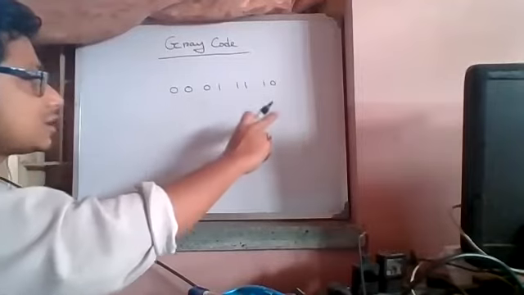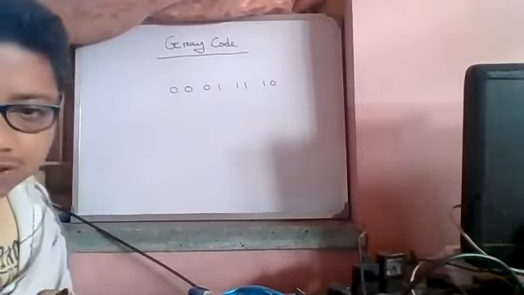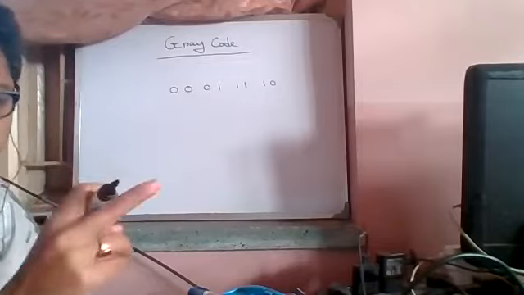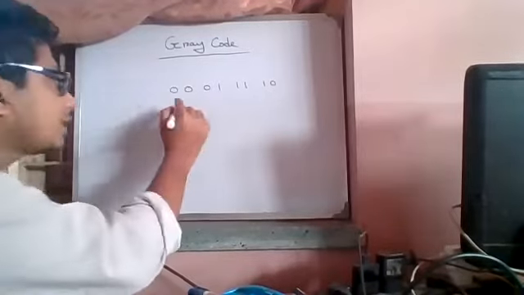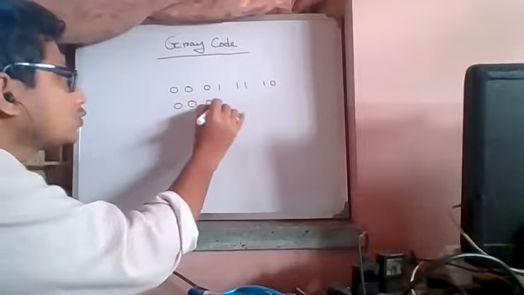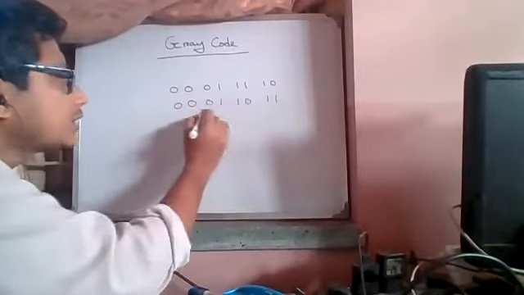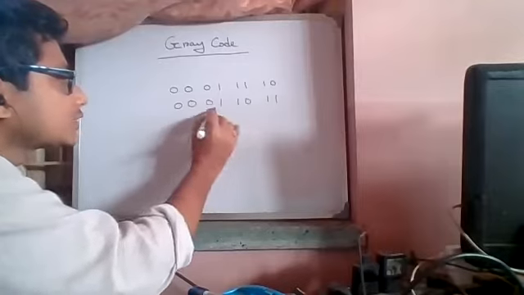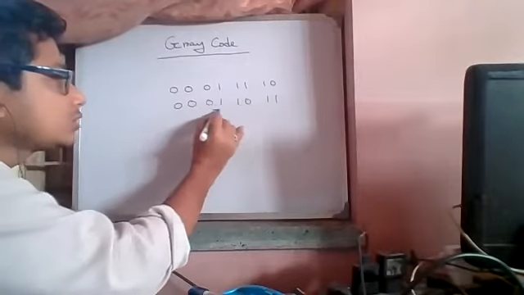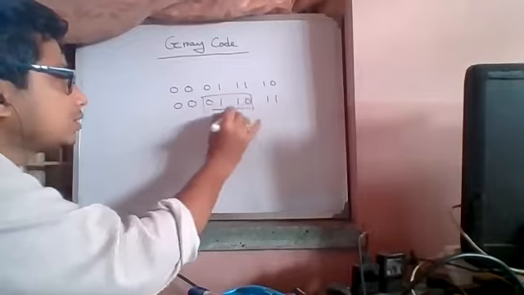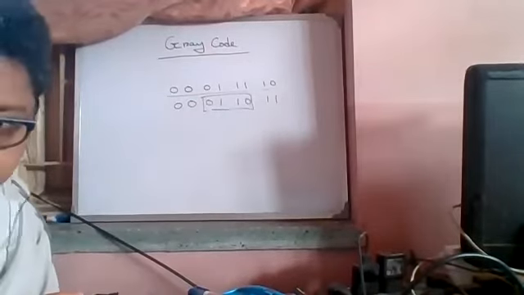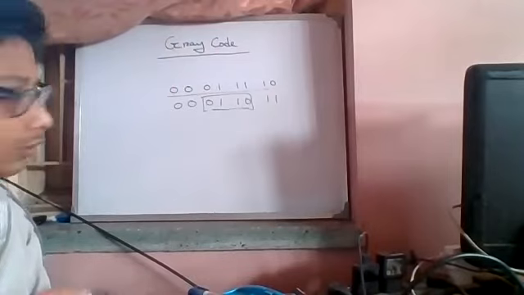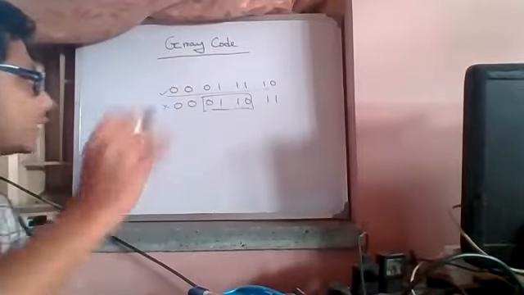So at every stage only a single digit is changing. That is why in the Karnaugh map also we follow this. Otherwise, if I write 0 0, then 0 1, then 1 0, then 1 1, here if you check, two digits are getting changed. So to keep that property we use this sequence in the Karnaugh map, not this.